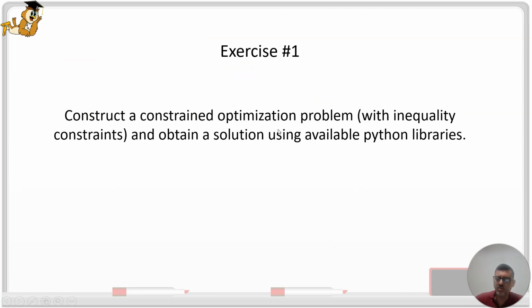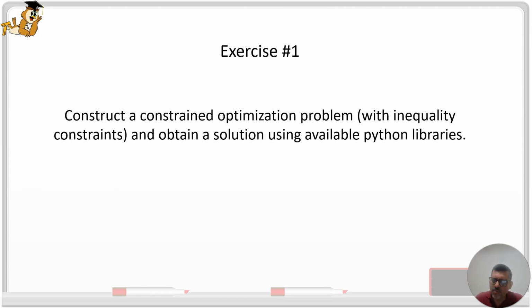So here is what I want to do. I want you to go over an exercise where you create a constrained optimization problem. You could take any complicated function of multiple variables that you want to optimize, let's say minimize. You give some arbitrary inequality constraints, and you find the best Python library to find a solution.